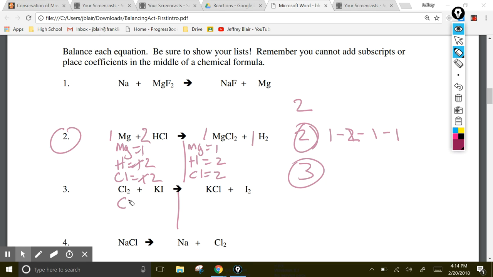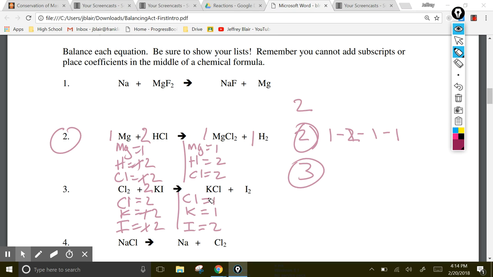So you would do Cl equals 2, K equals 1, I equals 1. Cl equals 1, K equals 1, I equals 2. Make sure you're doing straight across from each other. Cl, K, I. We need to put a 2 here, and that gives us 2 Ks, 2 Is.